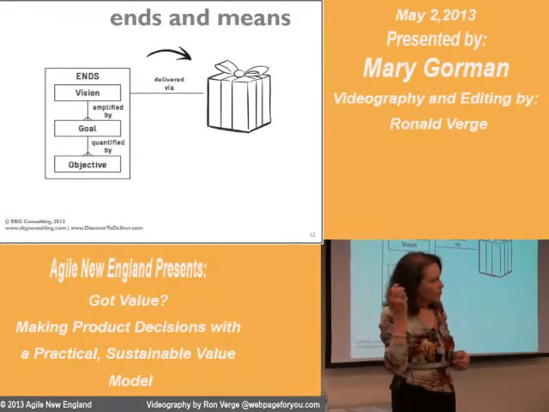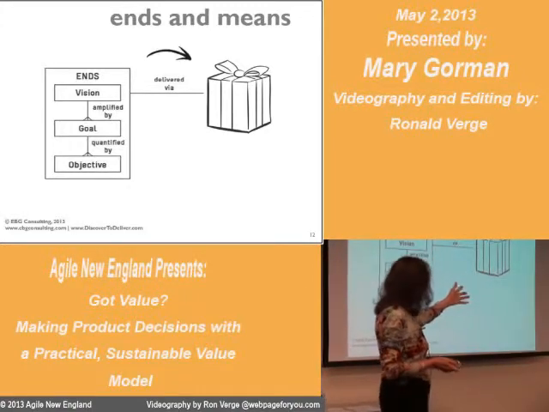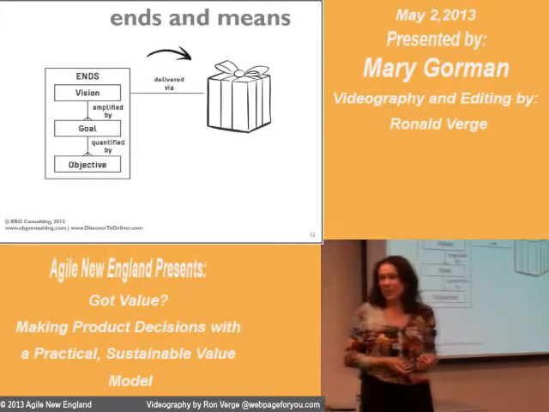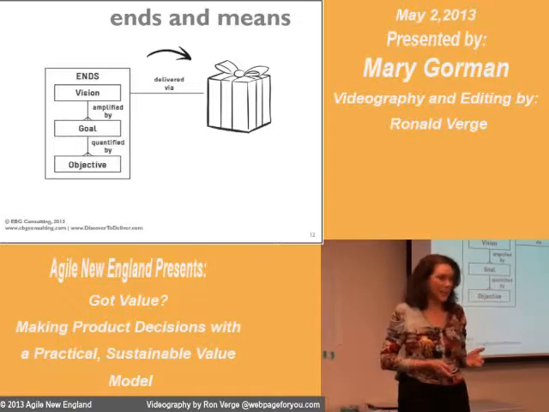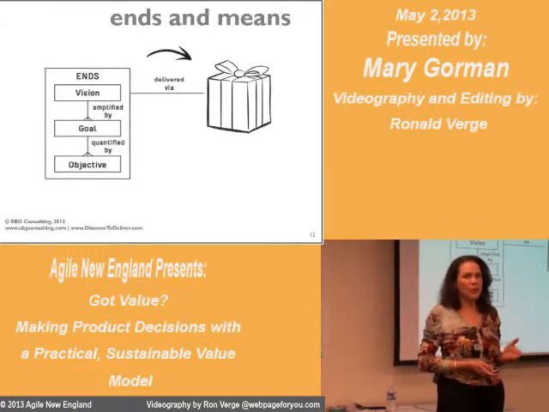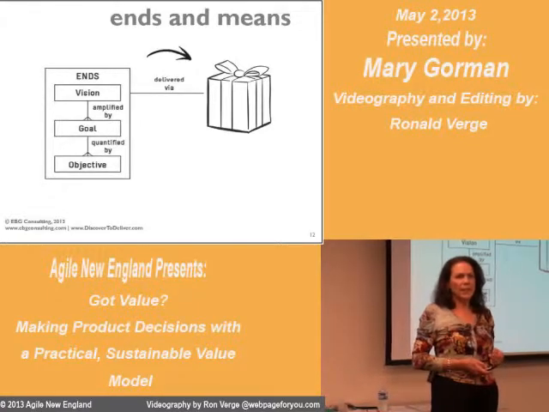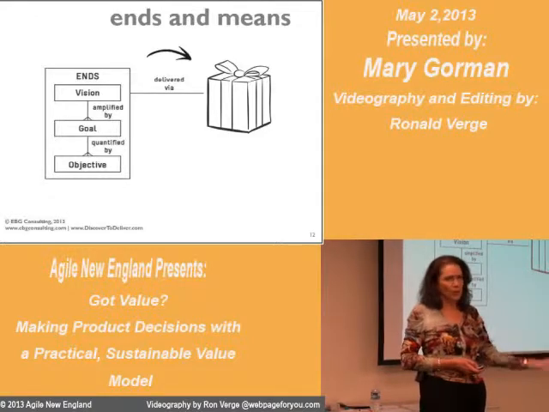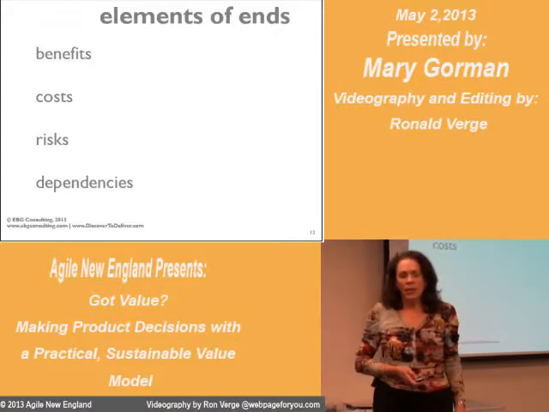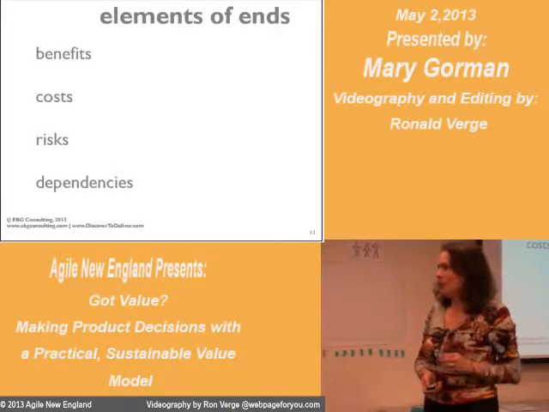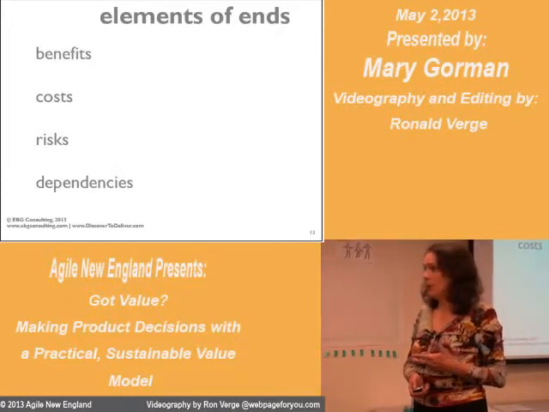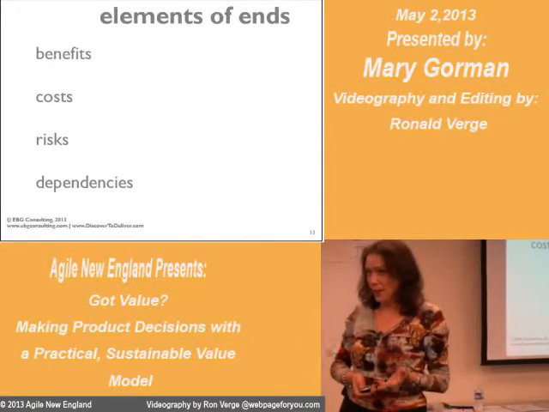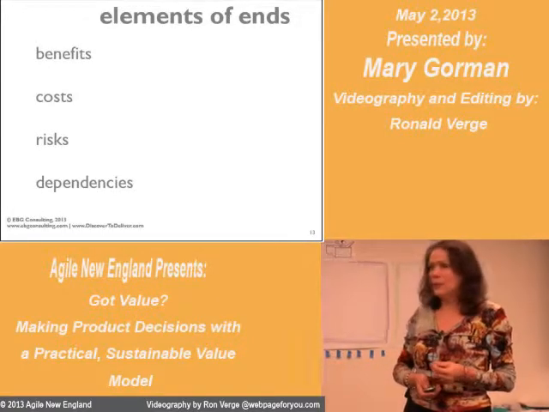So we have the means in our product box, and sometimes there's a disconnect. Sometimes the product does not deliver what we had hoped to have. So looking at this idea of the ends, hopefully, will be achieved through those means. In addition to the vision, goals, and objectives, we should also be aware of the benefits of the product and be very clear on those benefits.